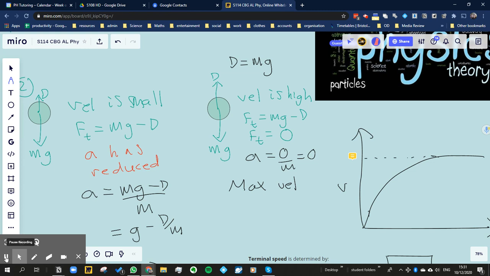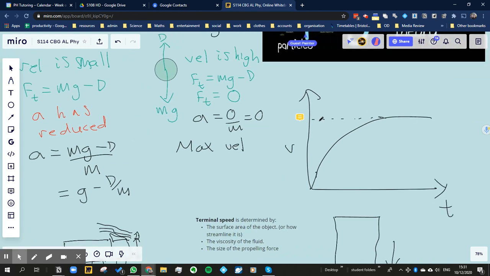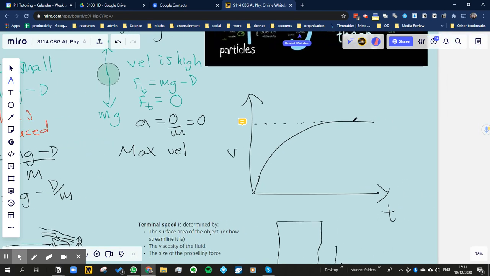The only time it's going to stop is when it hits something, and when it hits something, that something will apply a force to make it stop or slow down. Okay. So that's why we get to this flat bit. So the speed is constant at that point. So we would call this the terminal velocity, which is a constant speed. Okay.